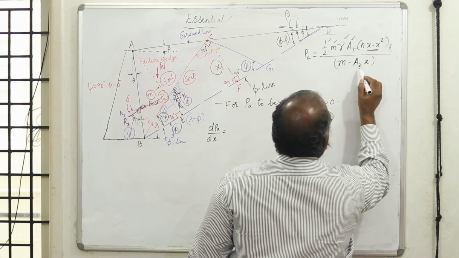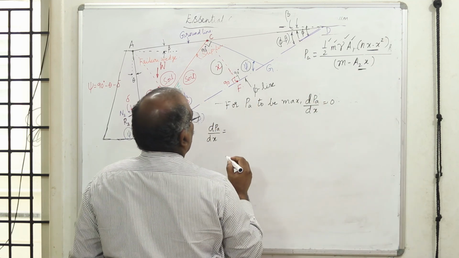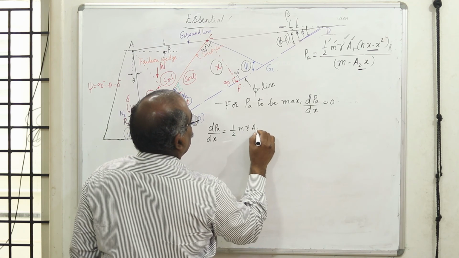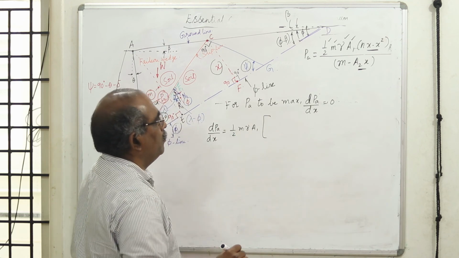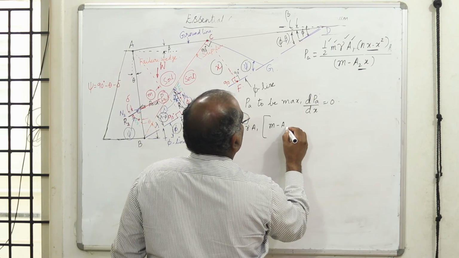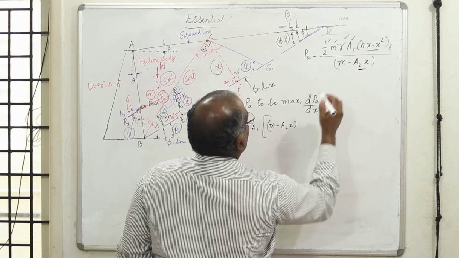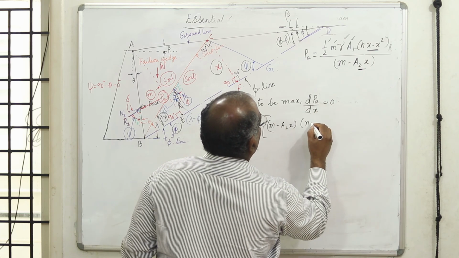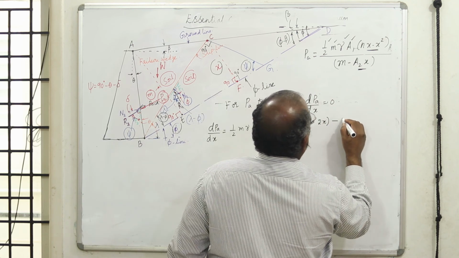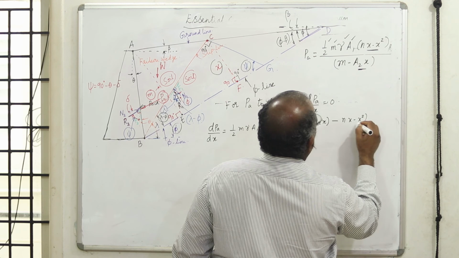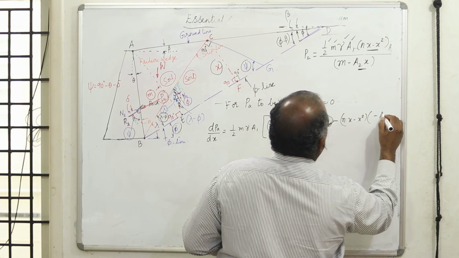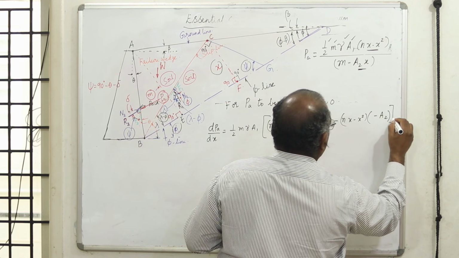The only variables are here and here. Therefore, I will keep all these terms into u by v. M into (m minus A2x) into, I will differentiate the first term, (n minus 2x) minus (nx minus x square) into minus A2, must be equal to 0.